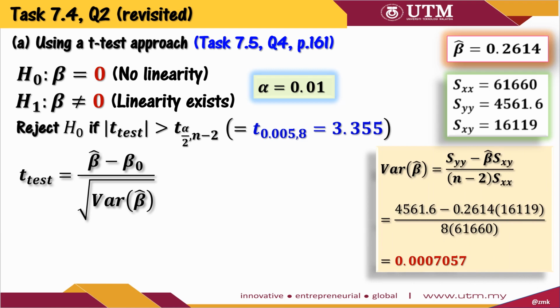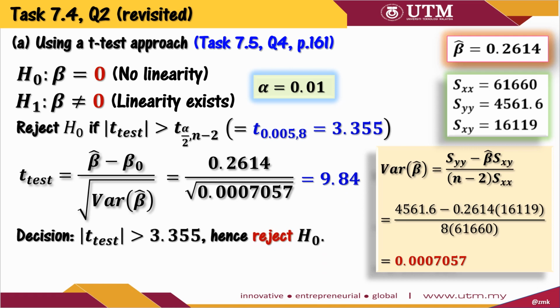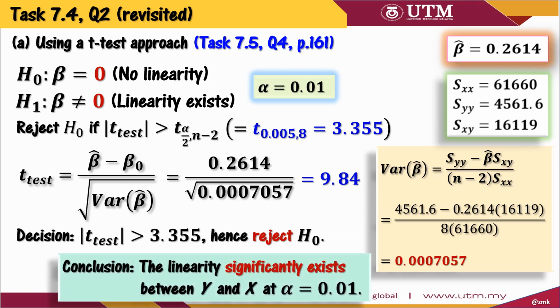The t-test statistic is then calculated to be 9.84. Obviously, the modulus of t-test is clearly greater than the critical value, hence you should reject H0 and conclude that the linearity between the number of defective components produced by the machine, denoted by y, and the machine speed, denoted by x, significantly exists at the level of significance alpha equal to 0.01.